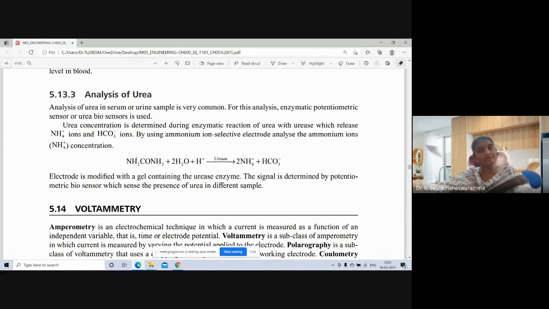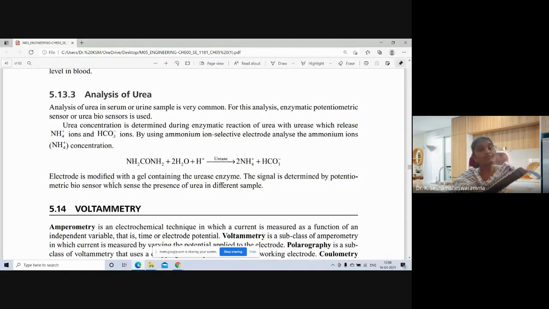Here we add some water and H+ ions, and in the presence of urease enzyme it is converted into ammonium ion and bicarbonate ion.